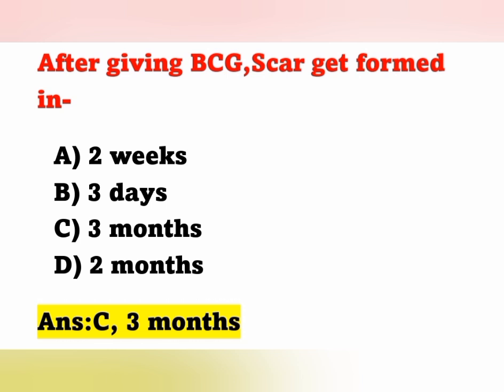Okay, then slowly its size will increase and reaches about 4 to 8 mm diameter. This is usually at about the 5th week. Then it subsides and breaks into a small ulcer. Okay, and forms a crust, leaving a permanent scar within 6 to 12 weeks.